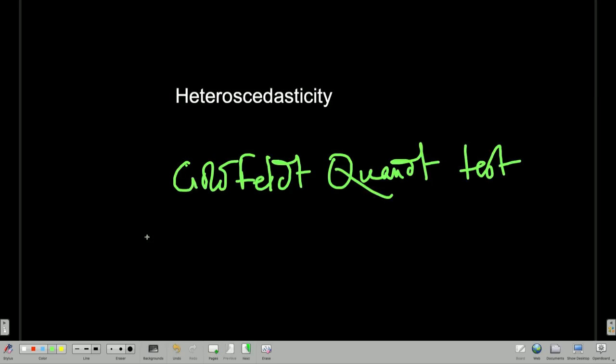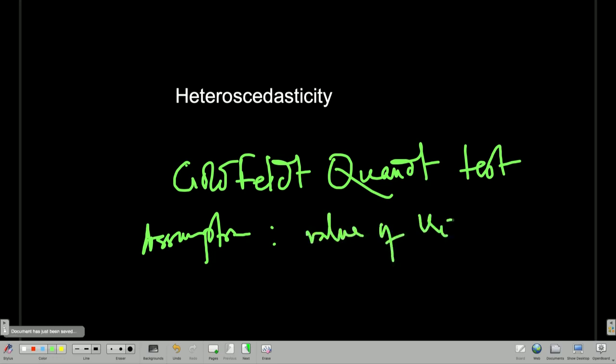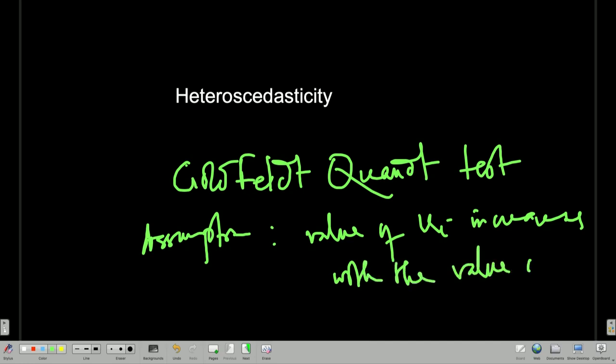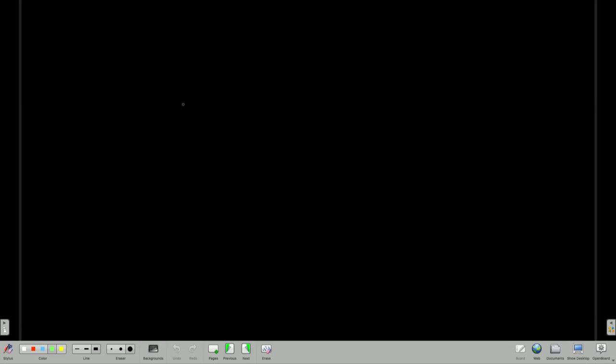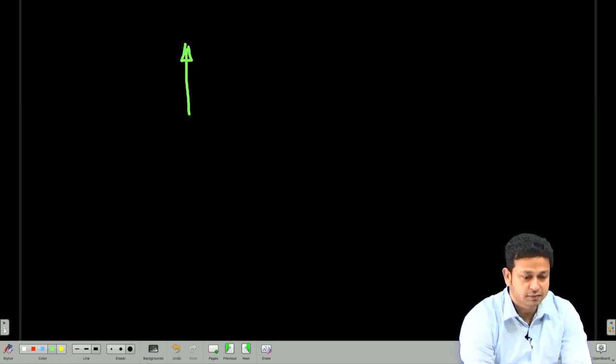So the assumption is that the value of ui increases with the value of xi. If I plot this, I would have a distribution of the error term something like this.